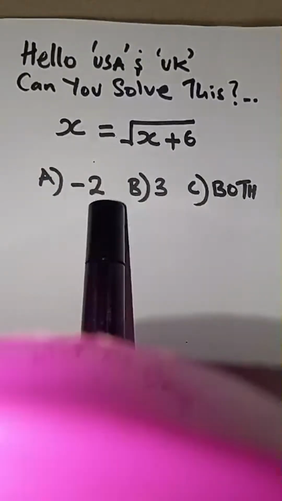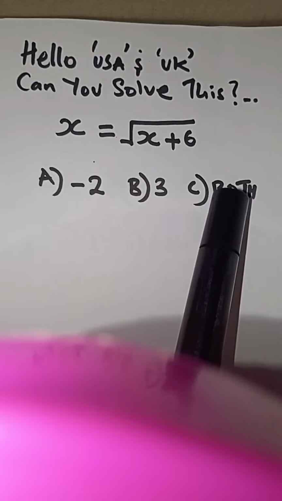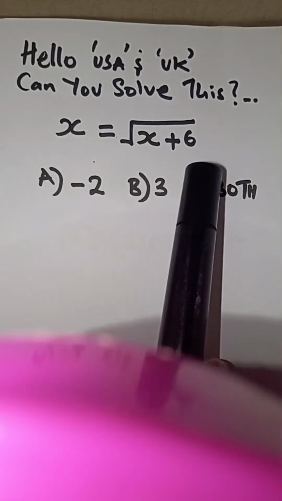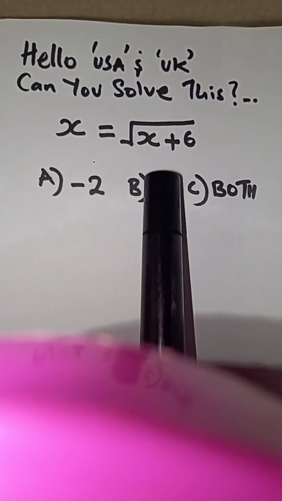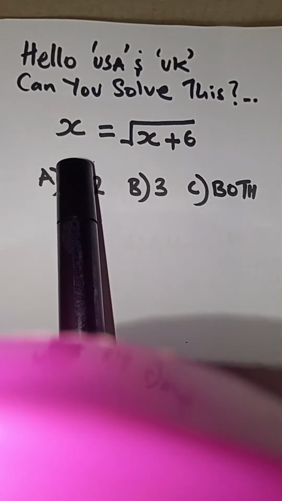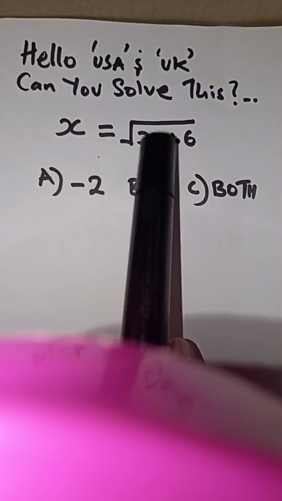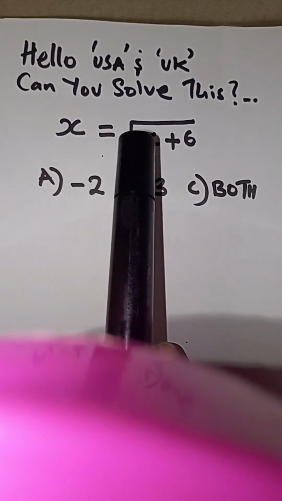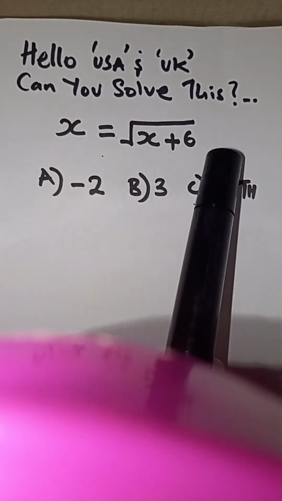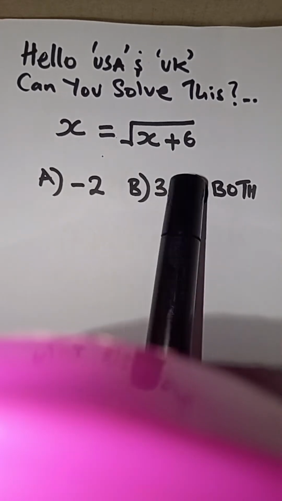Are you getting A negative 2, B is 3, or C both? You should be aware that this is a quadratic equation. When you find the square root on this side, you want to get the square of both sides of the equation. And from the quadratic equation, obviously you're going to get two solutions.